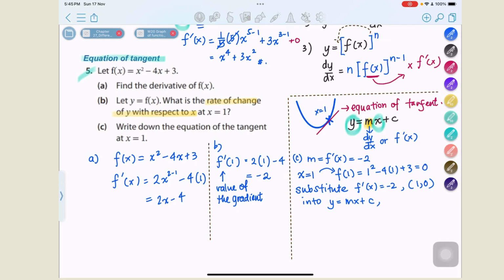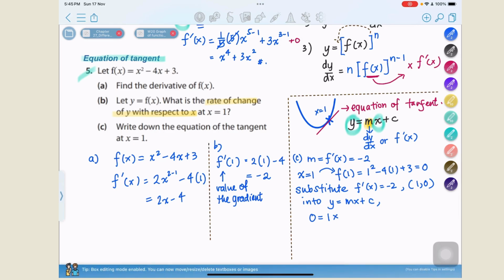So y equals 0, x is 1 multiplied with my gradient negative 2, plus c.